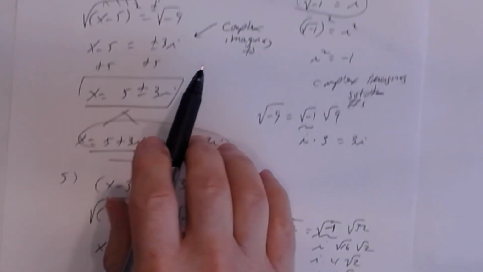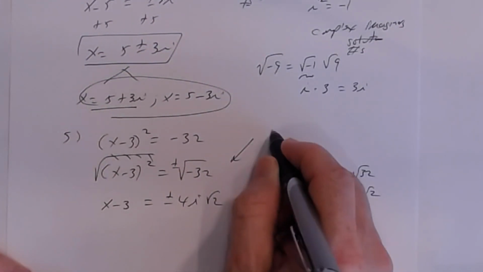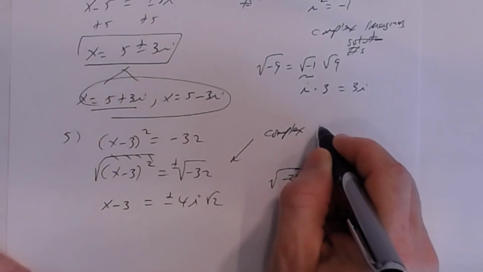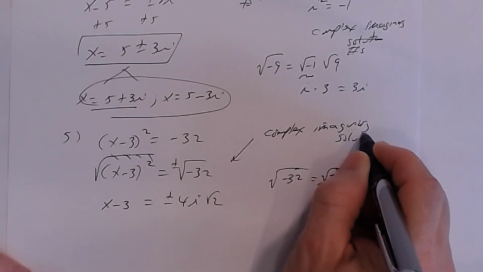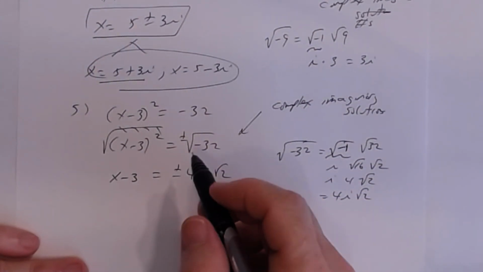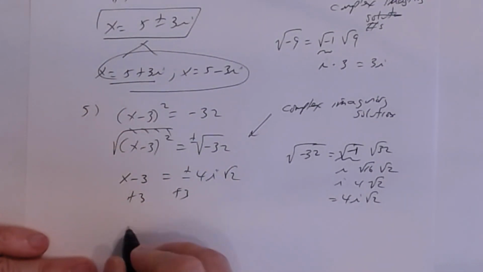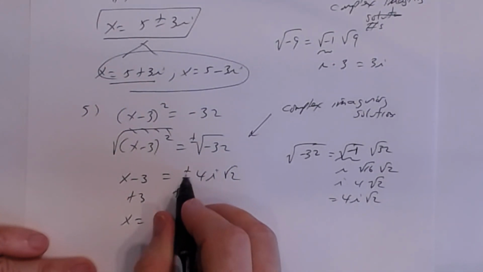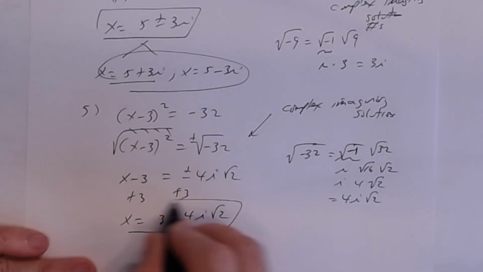So just as before, since I have i in my solutions, I have complex imaginary solutions. And we're going to write it just like we did this one. So you're going to just add 3 to both sides. And you get x equal 3 plus or minus 4i square root of 2.